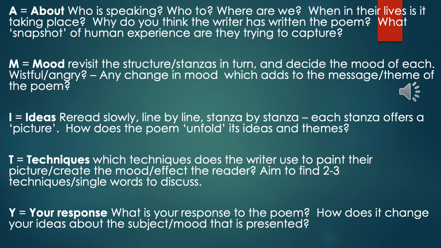Look at them as individuals and decide the mood, whether it's positive or negative, of each of those. For example, is stanza one wistful and carefree, and then do we move in the second stanza to a more angry mood, something that shows resentment in the narrator's voice? This would show change.